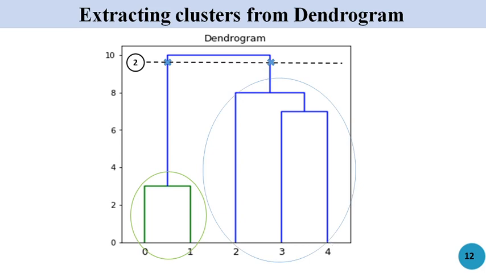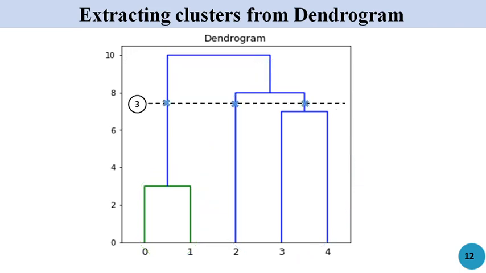Similarly, consider that I want to divide these data points into 3 clusters. Then I need to draw a horizontal line which is intersecting the vertical lines at 3 distinct points. At this intersection point, we have 2 data points connected together, so 0 and 1 belong to one cluster.